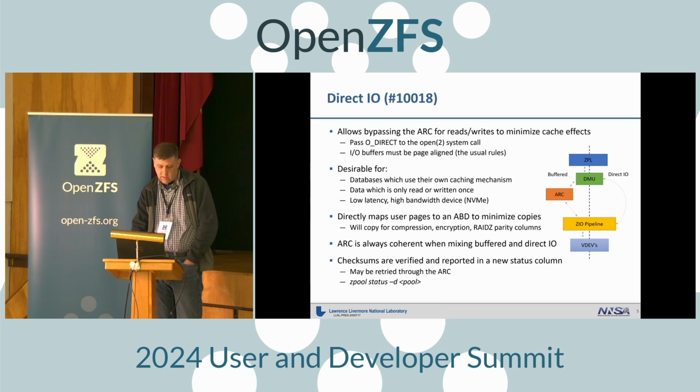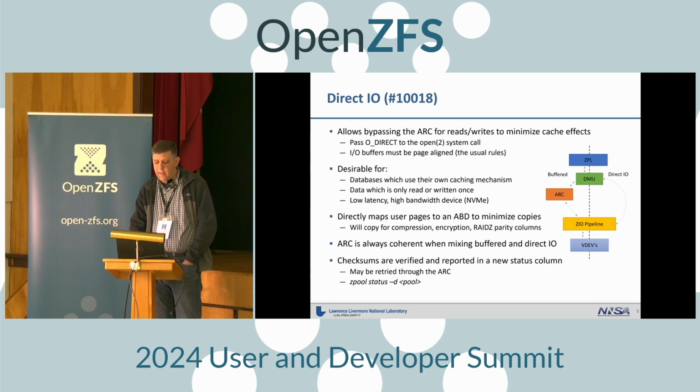One of the other design decisions we made long ago with direct I/O, which complicated things significantly in our implementation, was that we always wanted to be coherent if you mixed buffered I/O and direct I/O. A lot of file systems don't work this way, and if you're mixing and matching buffered I/O and direct I/O, you won't necessarily see a coherent view of the file. You'll end up bypassing the buffer cache.